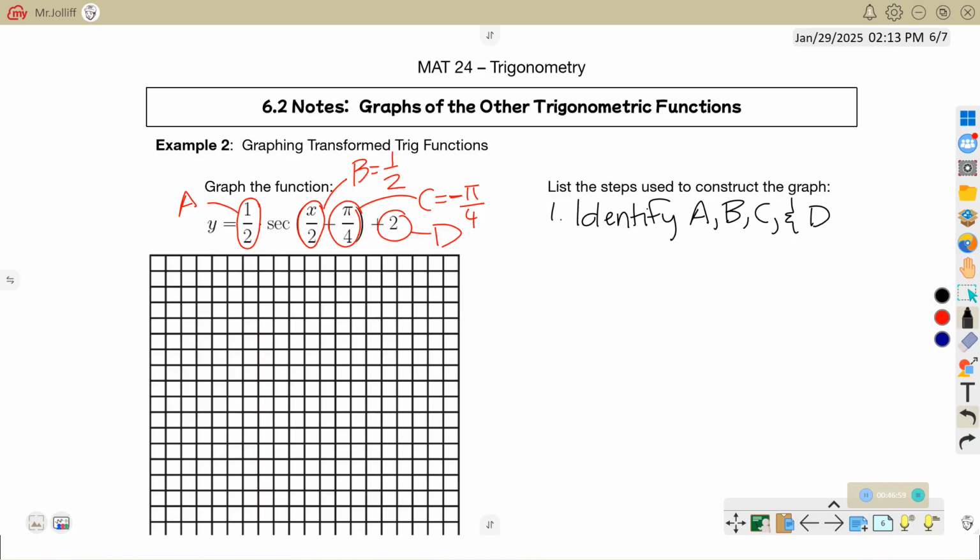Next step, once we know what those 4 numbers are, what did we do with those numbers? Period? Yeah. Find period. What else did we find? Phase shift.